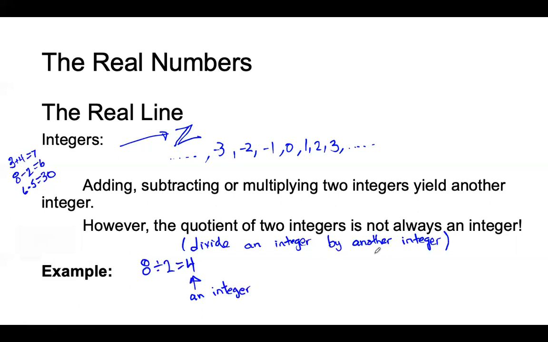But it's not always. So 8 divided by 3 is approximately 2.66..., and of course, this number is not an integer.